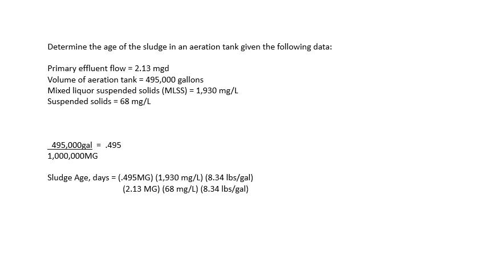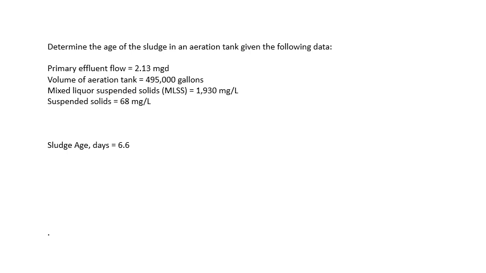So our aeration tank capacity of 0.495 million gallons, your MLSS of 1,930 milligrams per liter times 8.34 pounds per gallon, you're going to divide that by the flow in of 2.13 million gallons, or effluent flow. So it's going in and coming out, same thing. Your influent suspended solids of 68 milligrams per liter times 8.34 pounds per gallon. And the answer is 6.6 days.